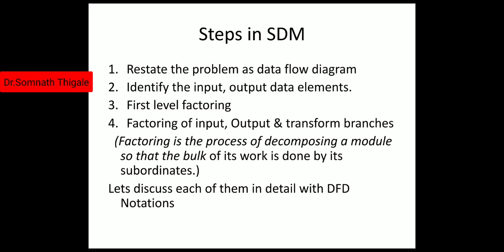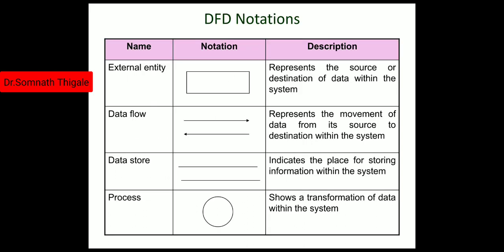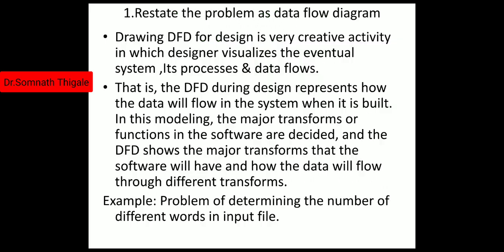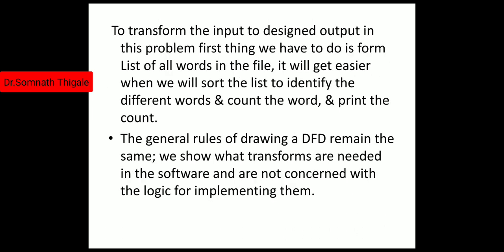The same example we will continue to understand the SDM. These are the common data flow diagram notations that you might have studied in CE. Restate the problem as a data flow diagram means the problem of determining the number of different words for the given input file.